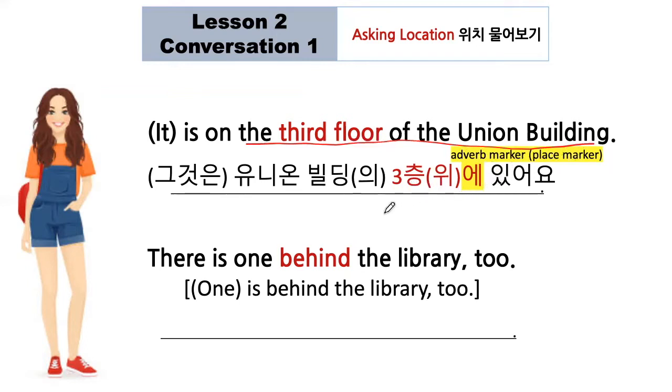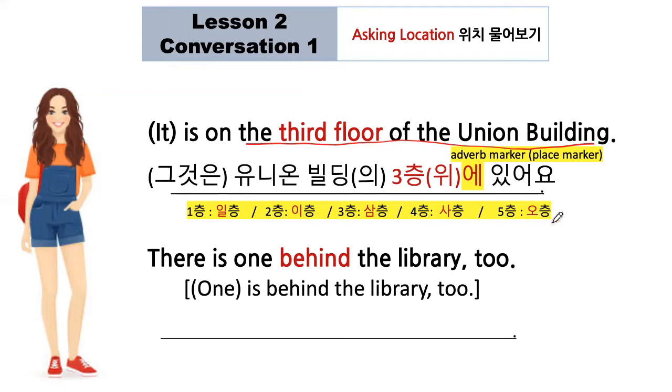3층에 있어요. Then when you're reading the third floor, we say 3층, right? Then how about the other floors? The first floor, 1층, 2층, 3층, 4층, 5층.